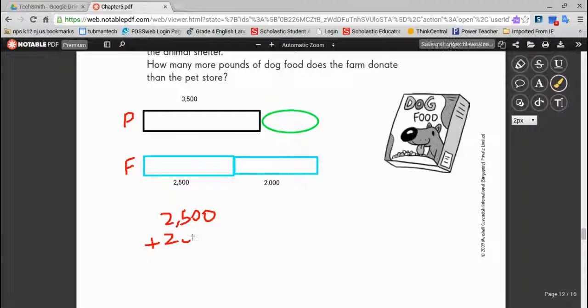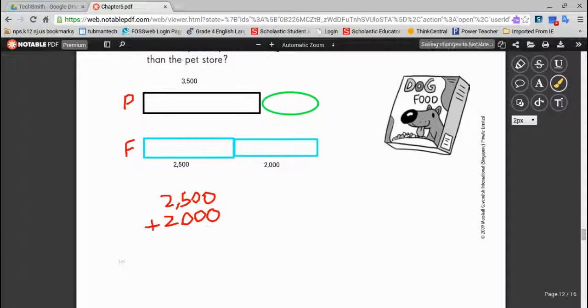And I shouldn't have put the comma, but that's okay. Okay. And that gives me 0, 0 is 5 plus 0 is 5, and 2 plus 2 is 4. Okay, so now I know that my farm donates 4,500.